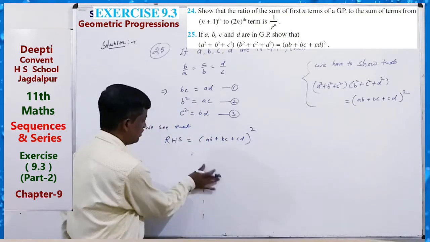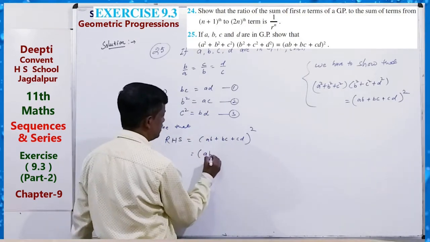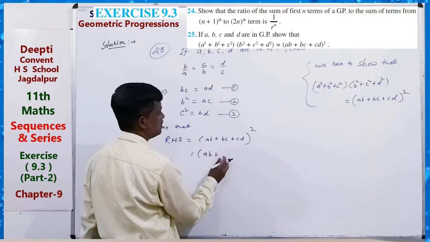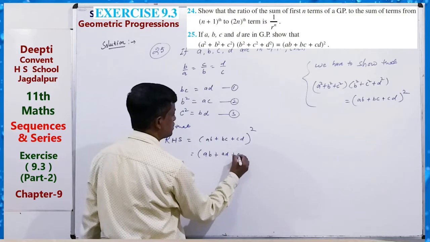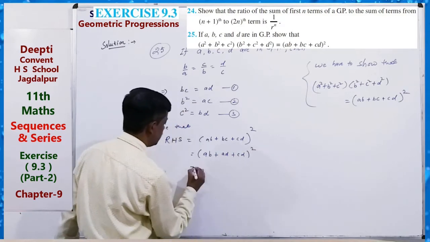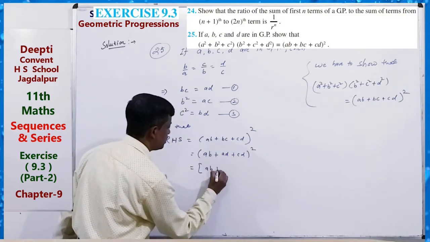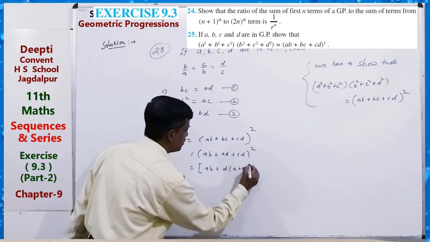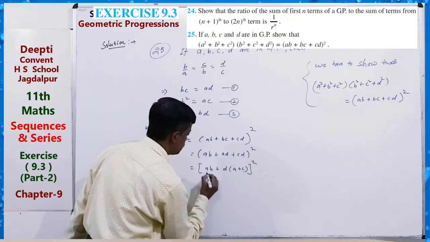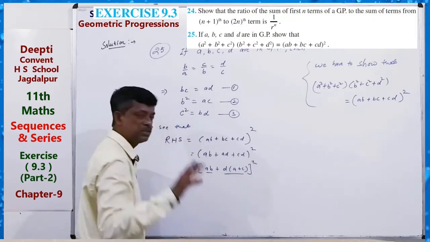How? Just AB plus BC plus CD, and BC equals AD, so AB plus AD plus CD whole square. Now we can write AB plus, take D common, A plus C, whole square. So this quantity and this quantity, A plus B whole square.